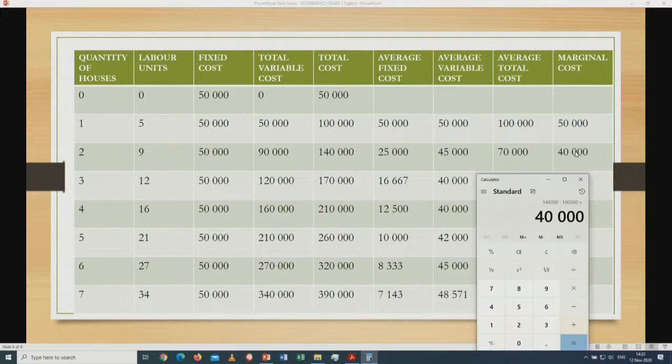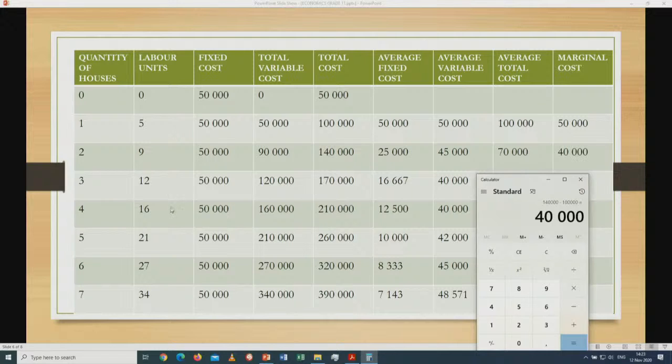It's easy to give us the 40,000. Why is it giving us the 40,000 so easily? It is because we have the 140 minus 100. Remember, you do your brackets first, so that would give us 40. The same here is 2 minus 1, which gives us 1.